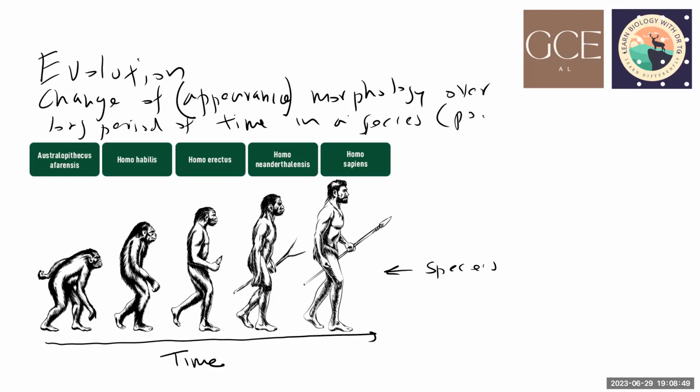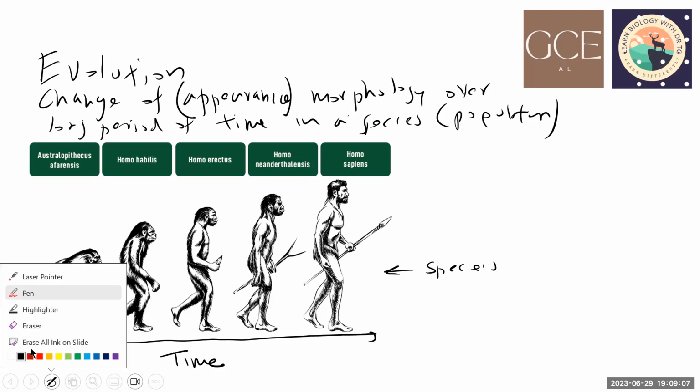That means whole population. It's not one organism, it's a whole human population. So change of appearance or morphology over long period of time in a species is the evolution. So this is important for the survival of organism.